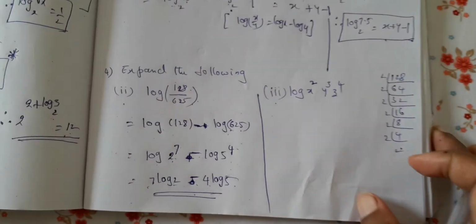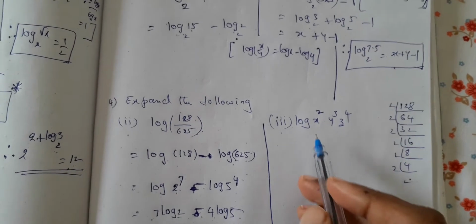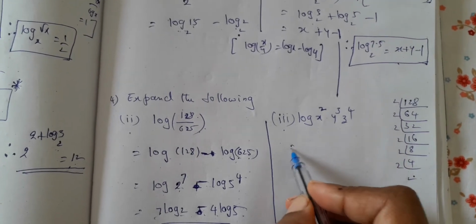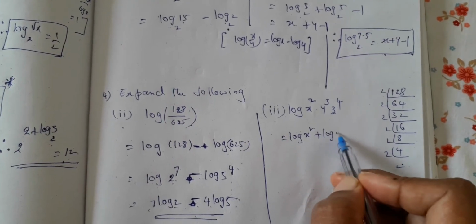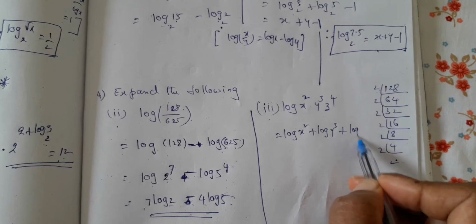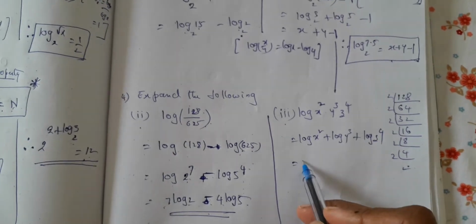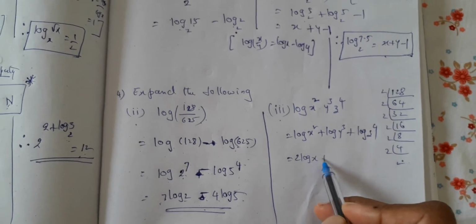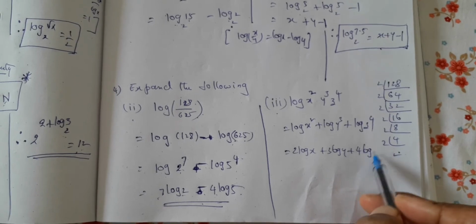Now let us proceed to the next one. Third one. Log x square y cube z power 4. So log abc is log a plus log b plus log c. So simple. Now this is 2 log x plus 3 log y plus 4 log z.